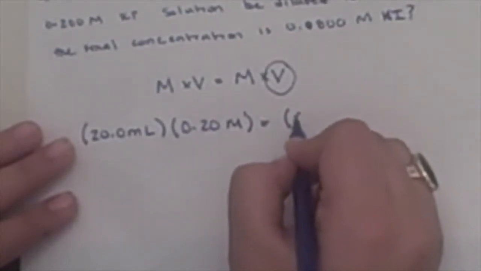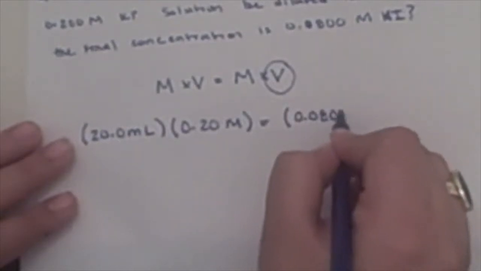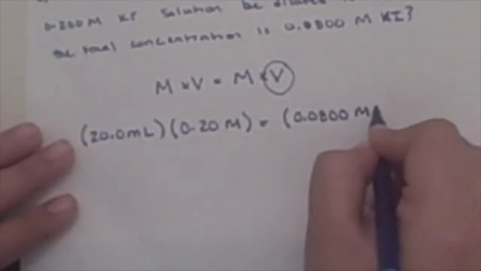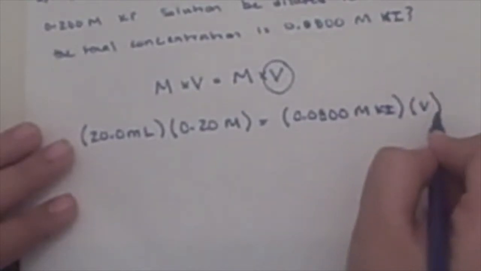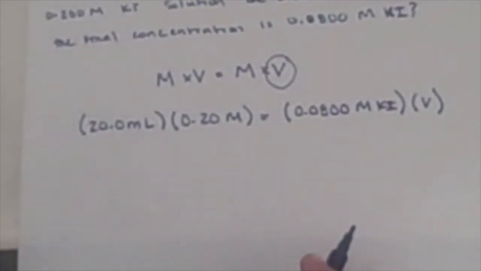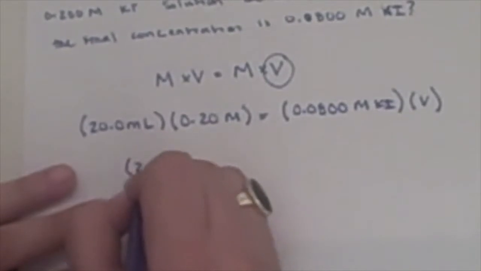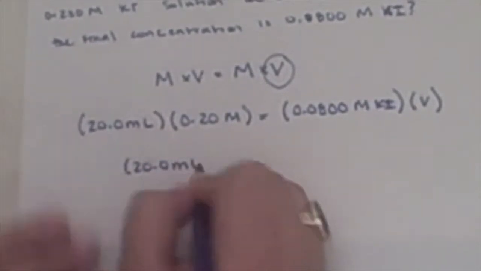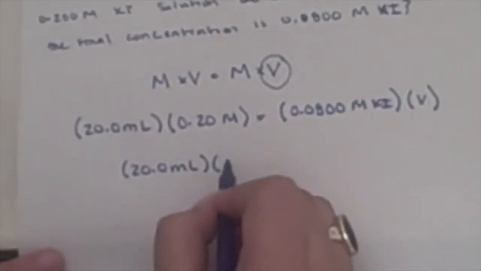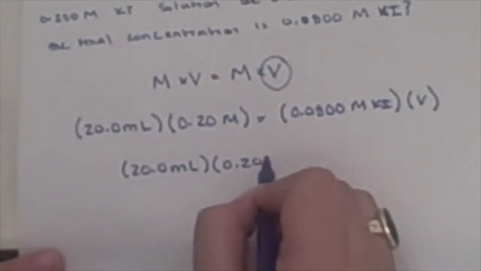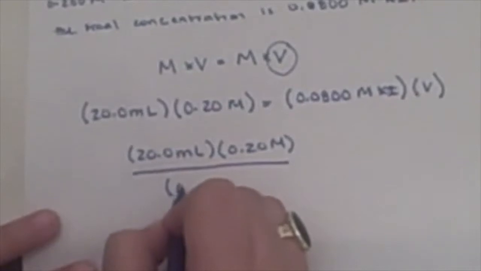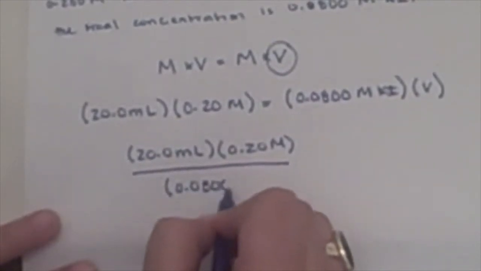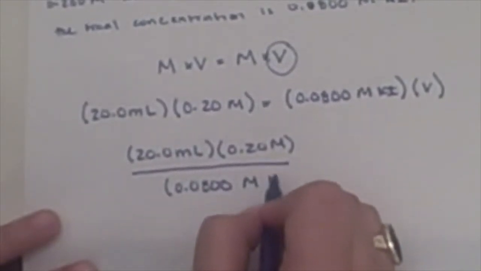So we're already given 0.08 molarity of potassium iodide. We have to solve for our volume. So it's going to be 20 milliliters times 0.2 molarity divided by our final molarity that we want to produce.